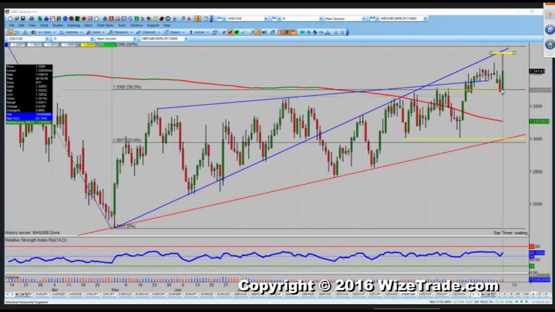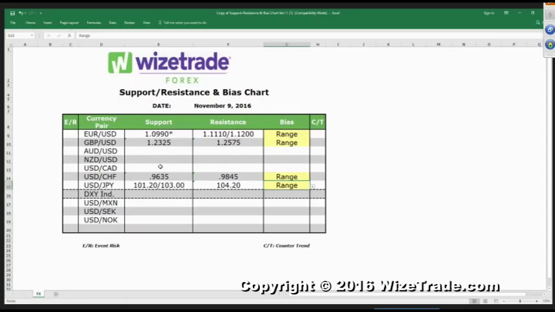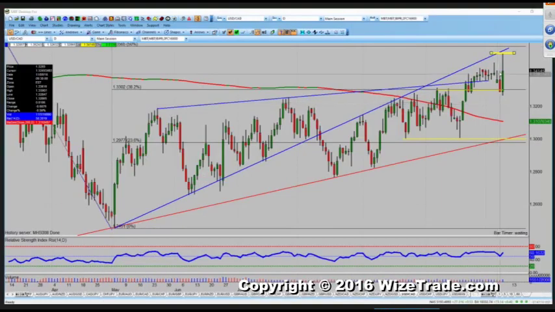Support is 133, and we respected it. So 133, 135.20, and we're still in a bullish trend here. And with Donald Trump taking the presidency, I imagine that this bull trend is going to stay intact.